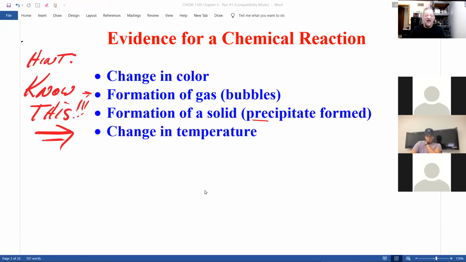And finally, the last thing that's evident of a chemical change is when you have a change in temperature when you mix two things together. If you take two things, mix them together, and it gets cold or gets very hot, you have a chemical change.